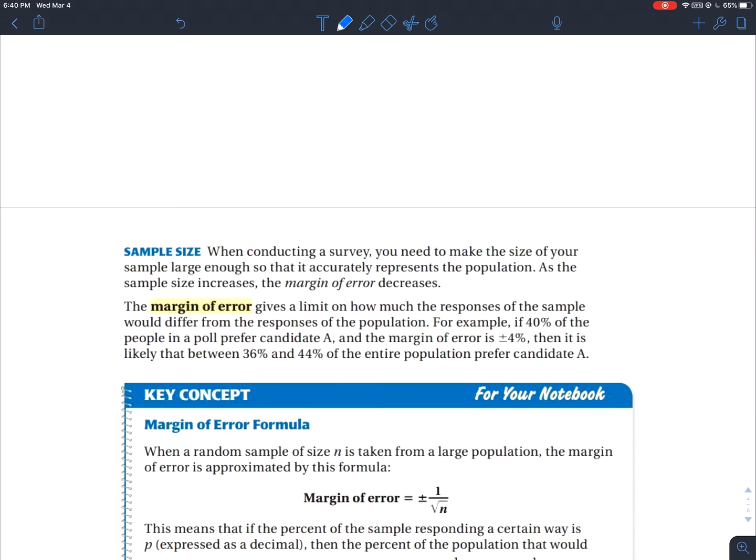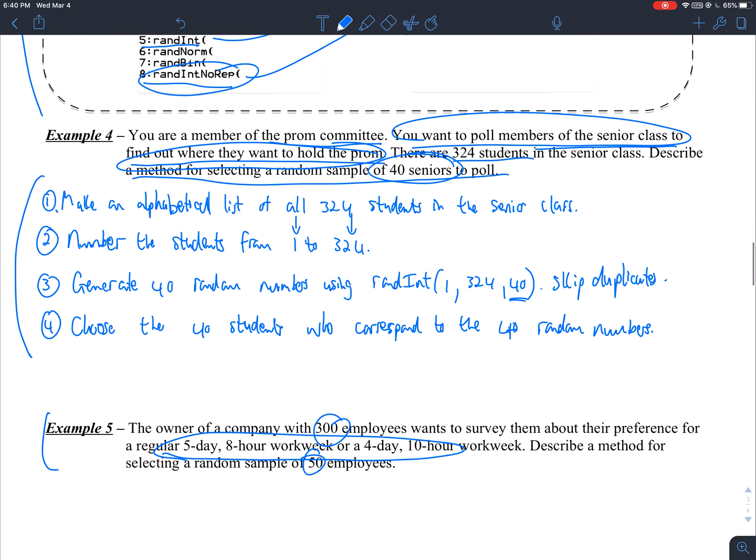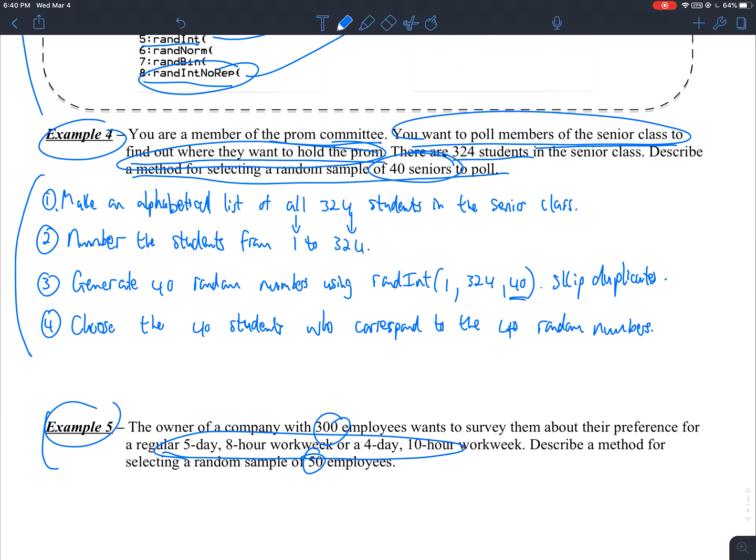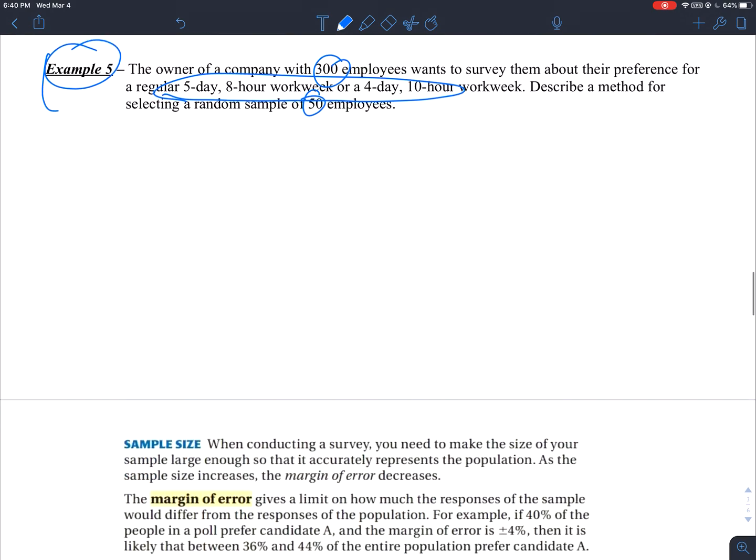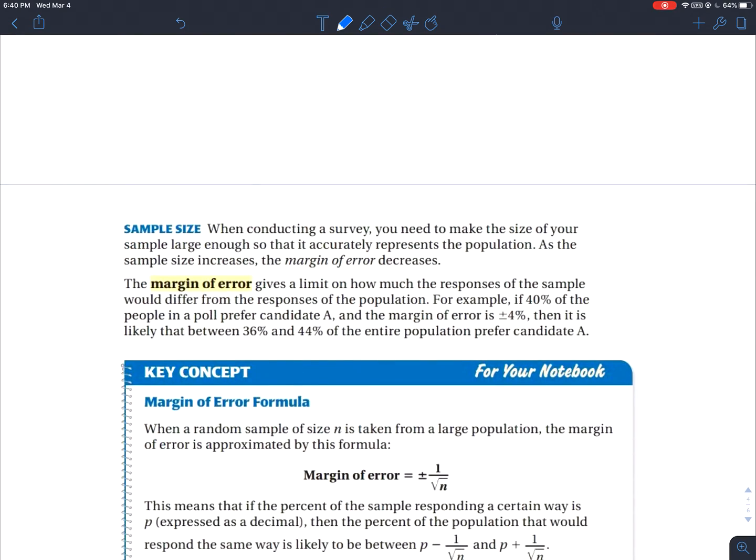Usually in one of these scenarios, for example 4 or 5, you would ask people a question and you would get from your sample a proportion of people who answer a certain way.